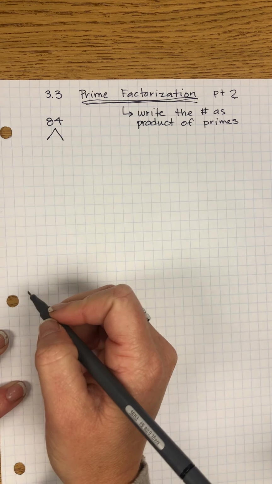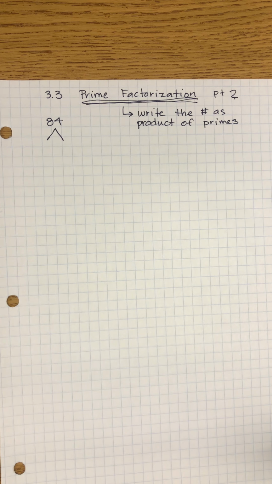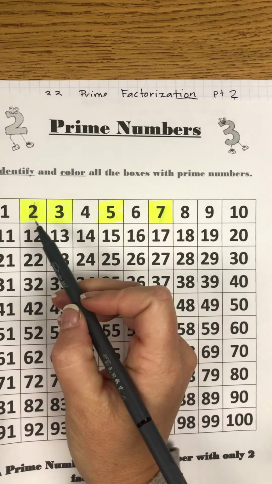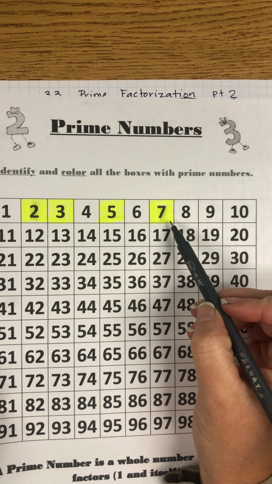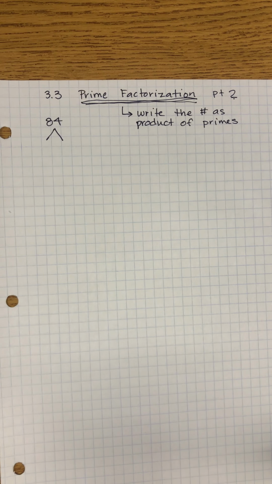So that means I have to break down 84, which is a composite number, into only prime numbers. So I have to find out what factors go into it that are primes, which is why if you have this worksheet, these are the numbers we're going to want to use. We want to use 2s, 3s, 5s, 7s, all of our prime numbers.